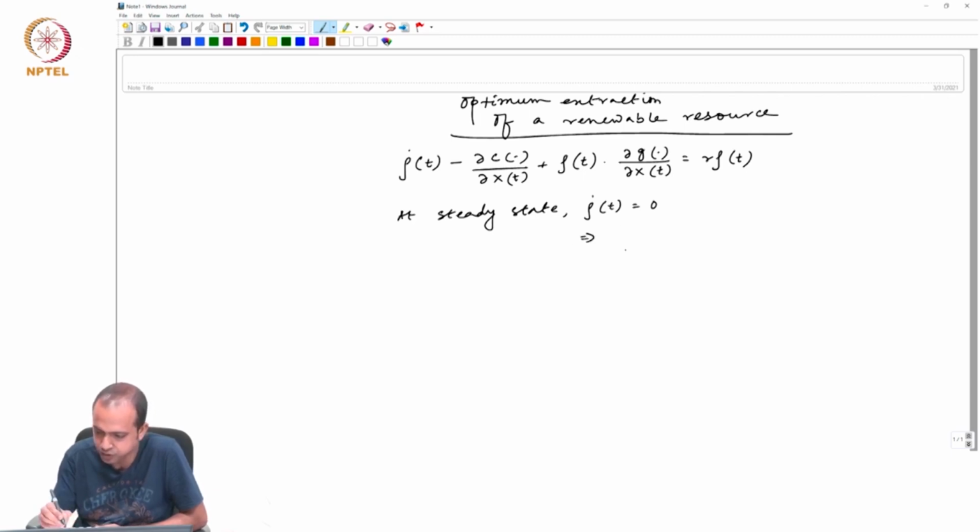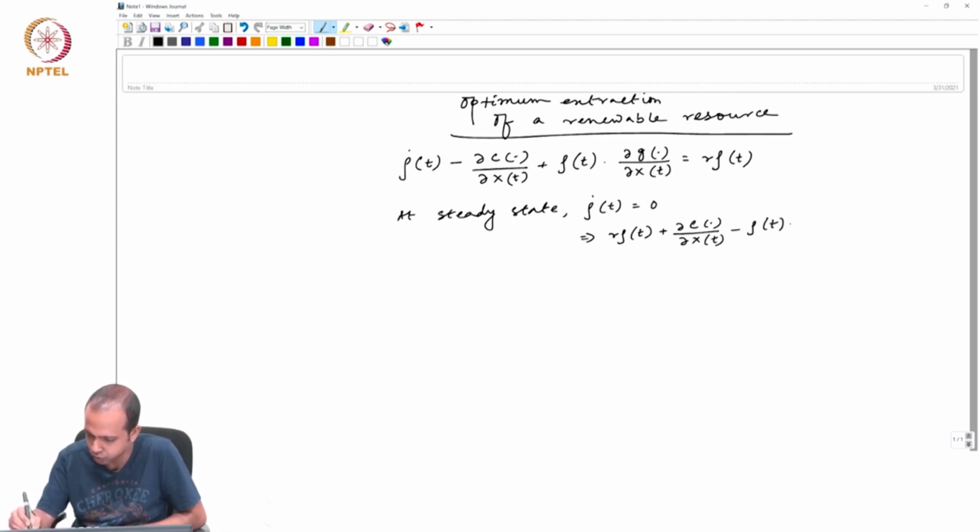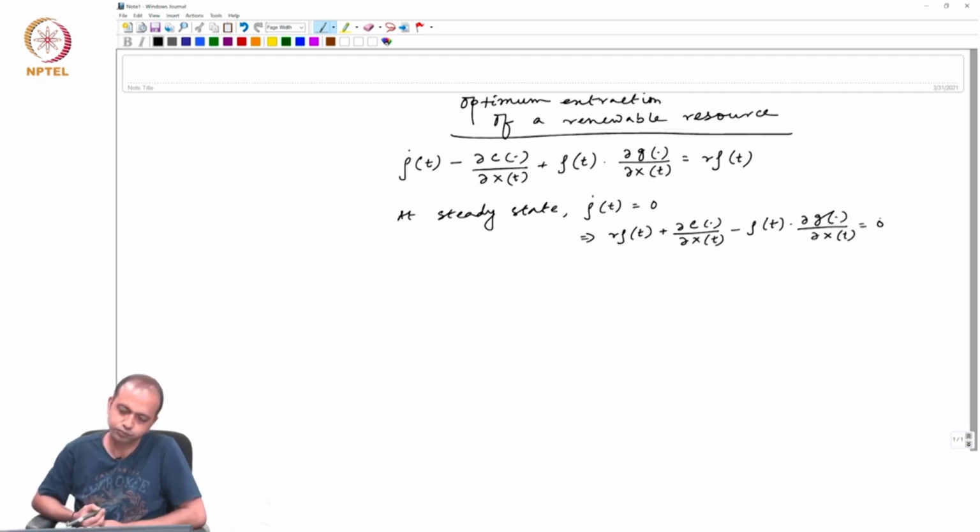So, that means r into rho t plus del C dot del x t minus rho t into del g del x t equals to 0.